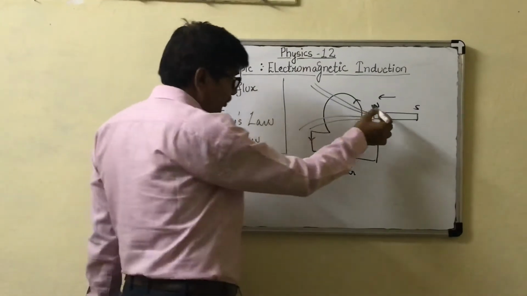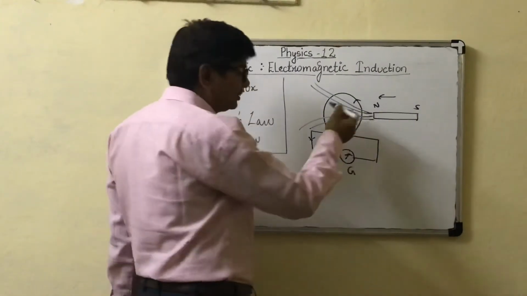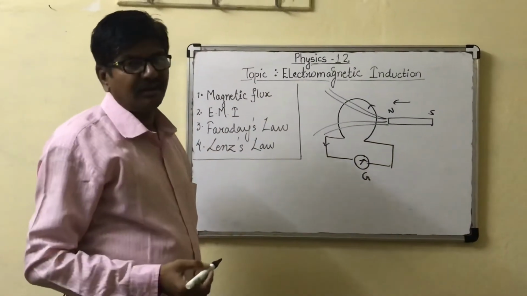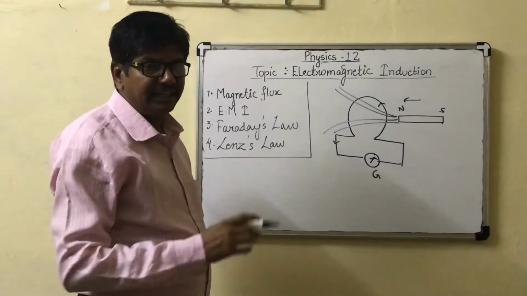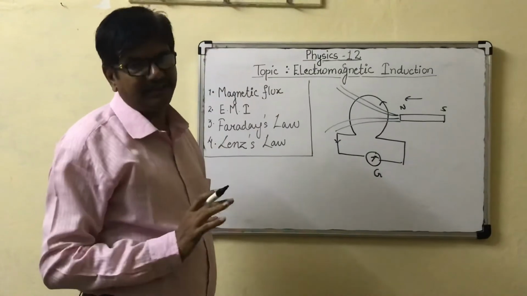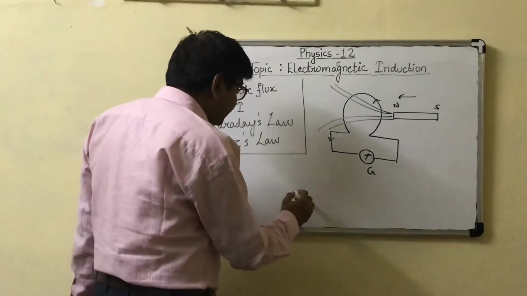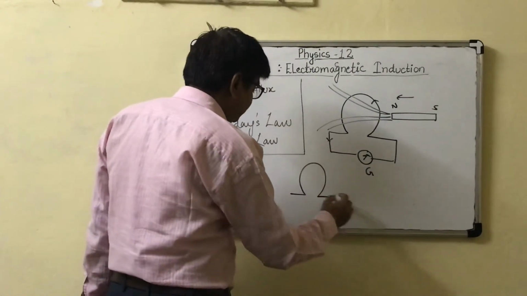This is a magnet with magnetic field lines. This is the first case. When a magnet is placed near the coil and the north pole of the magnet is moved towards the coil, current flows in the coil anti-clockwise. The galvanometer shows deflection.